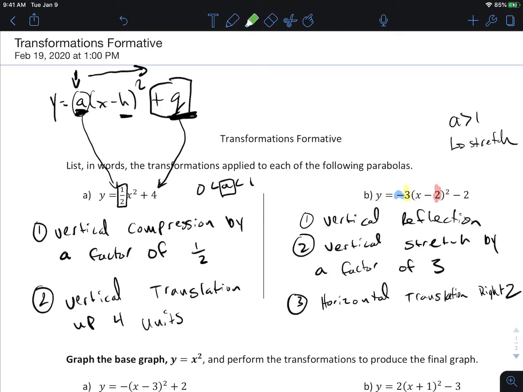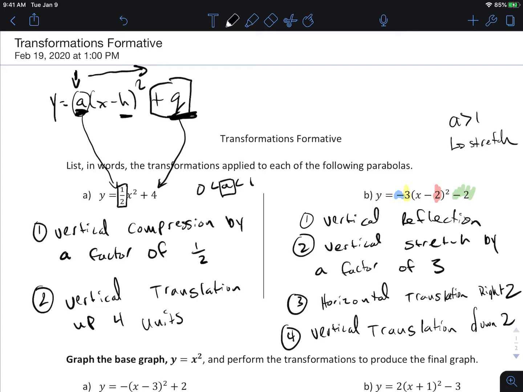Okay. And then the last one. Q. Q is vertical, so I'm going to move things up and down. It behaves in the way that I think it does. I see it's a negative, so I'm going to move it down 2 units, right? So then I can say, just use this terminology again, vertical translation down 2.